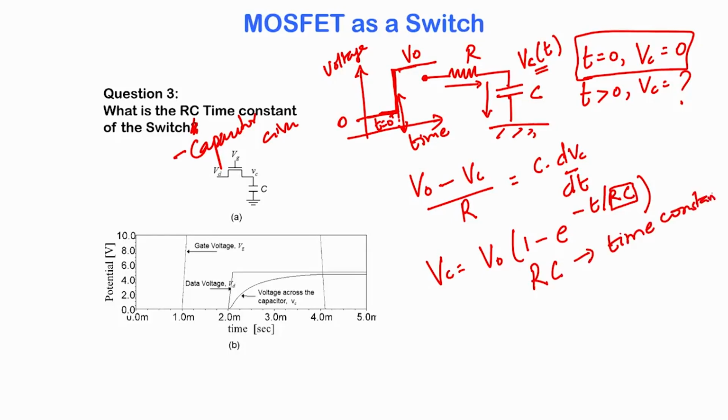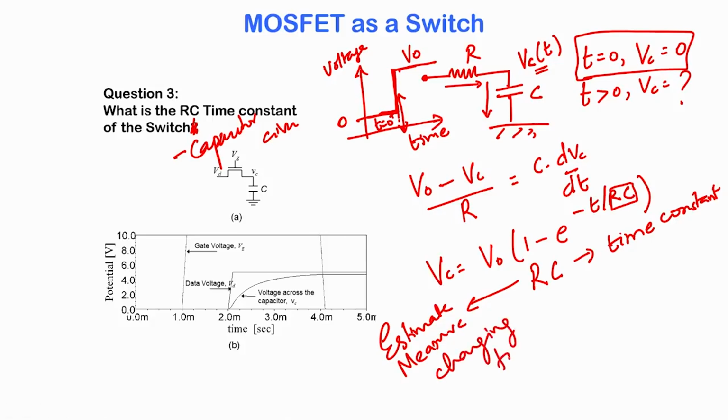So, what does the time constant mean? Technically, when t is equal to RC, the voltage in the capacitor is V naught into 1 minus e to the power minus 1. But that is only the accurate quantitative definition. Essentially, the time constant is a useful parameter that gives you an estimate, a measure of the charging time of the circuit.